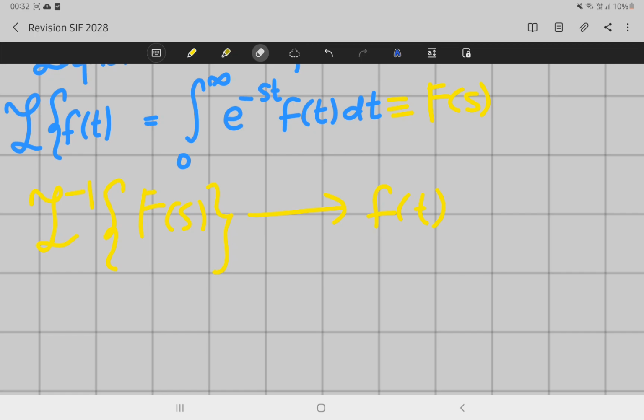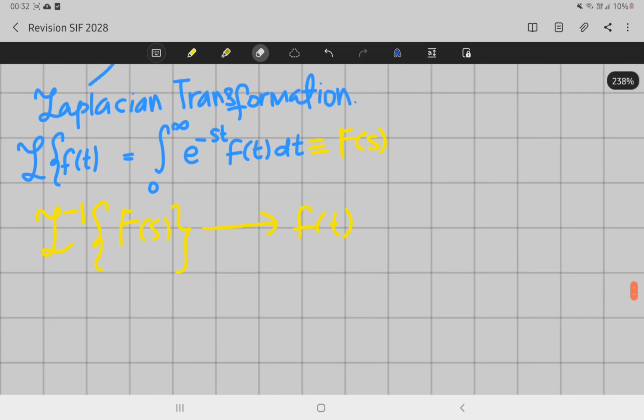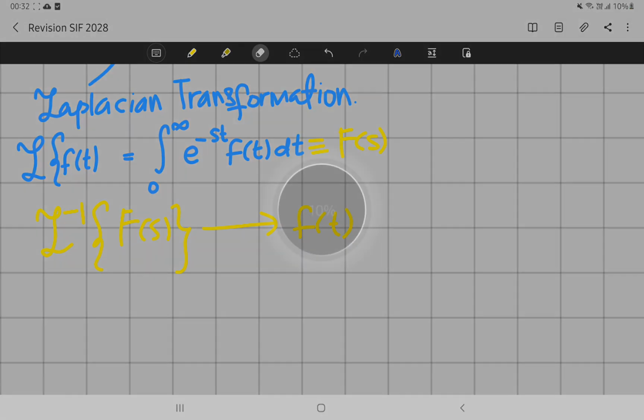Okay, so for this we are going to ignore it first, because my course is not covering the inverse Laplace transformation using a formula. Instead, we need to memorize some of the useful special Laplace transformations.